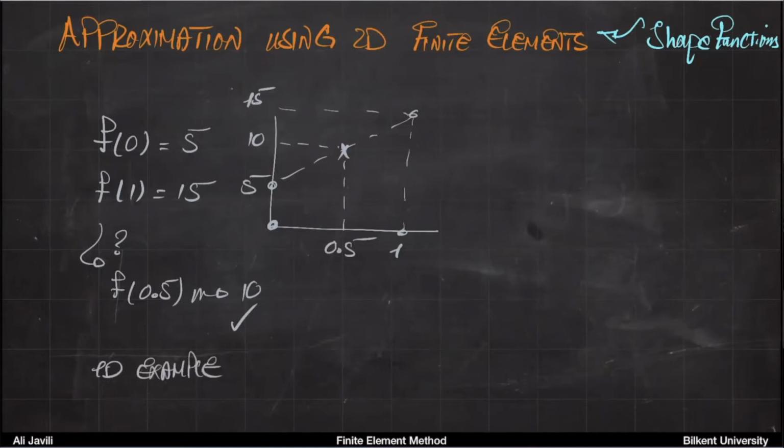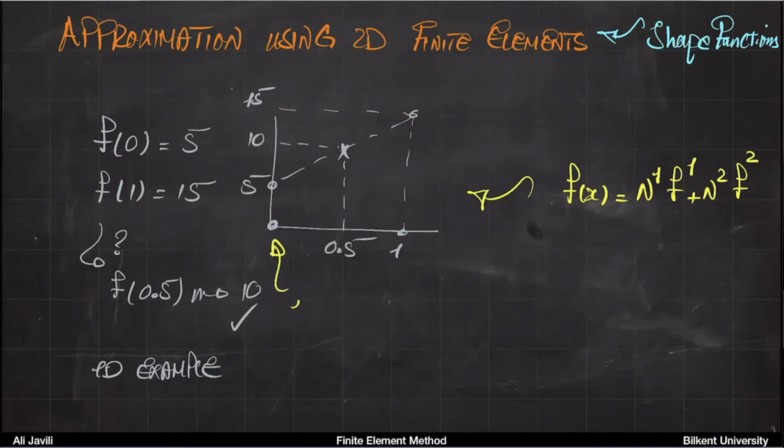And then we learned that instead of doing this, what you could have done would be to say, well, f as a function of x is simply N1 times f at node 1, plus N2 times f at node 2. In that case, this would be node 1 at 0, and node 2 would be at coordinate 1.